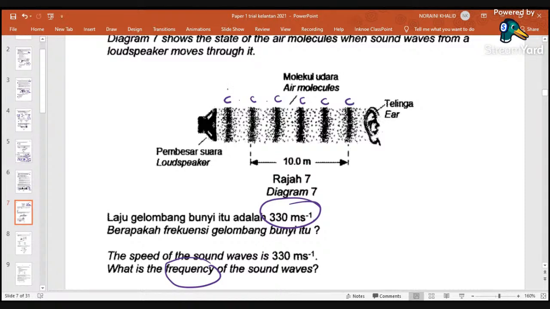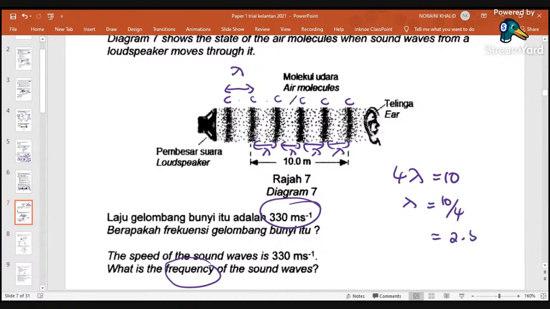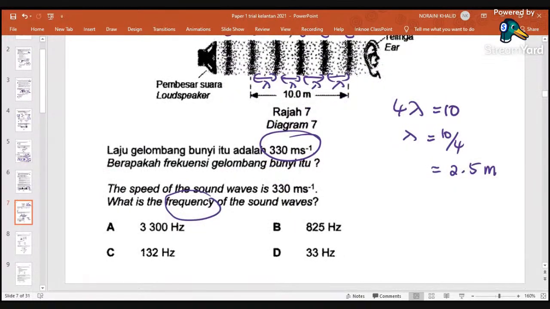The distance between two adjacent compression regions is lambda. So for 10 meter here, how many lambda do we have? 1, 2, 3, 4. Means 4 lambda equals 10. Thus, lambda is 10 divided by 4, 2.5 meter. So we get the lambda. Now we want to find frequency. Formula v equals f lambda.